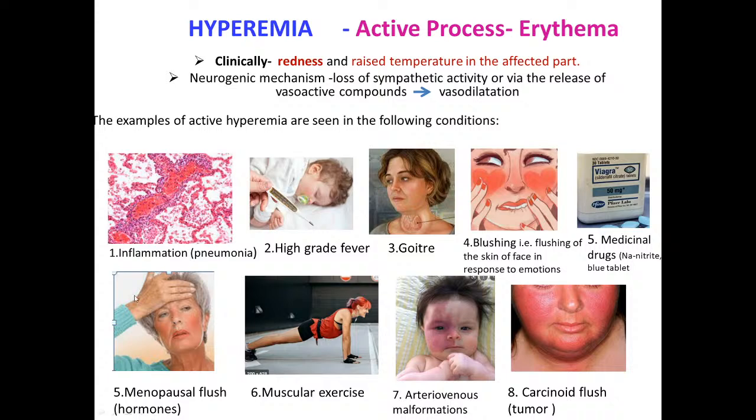Arteriovenous malformation, a congenital defect, causes arterial hyperemia, and tumor hyperemia, carcinoid flush, is seen in neuroendocrine tumors.